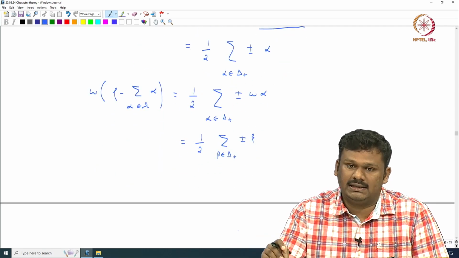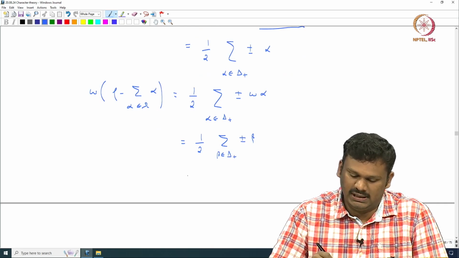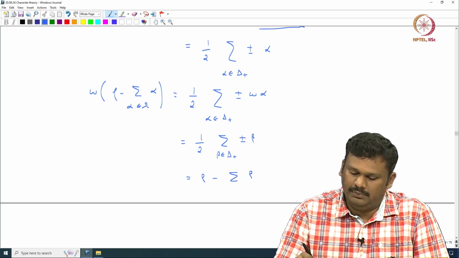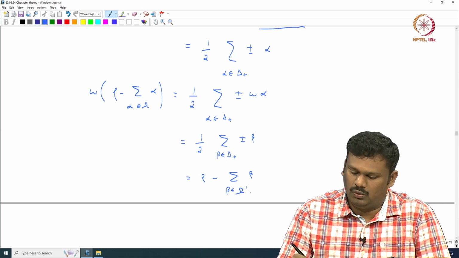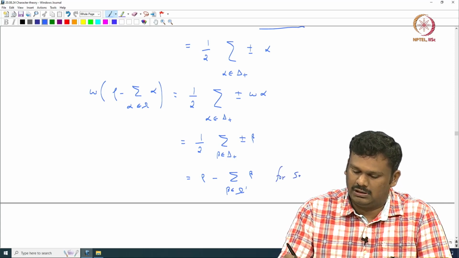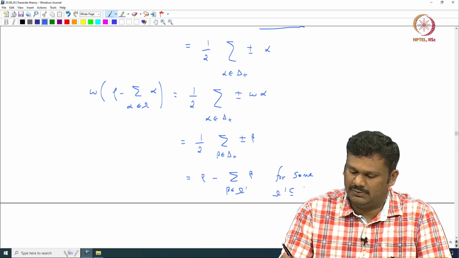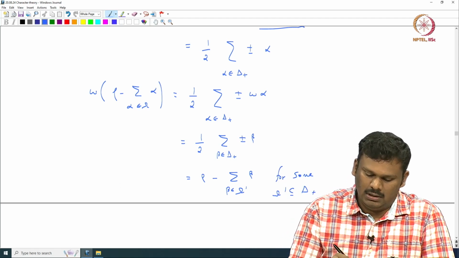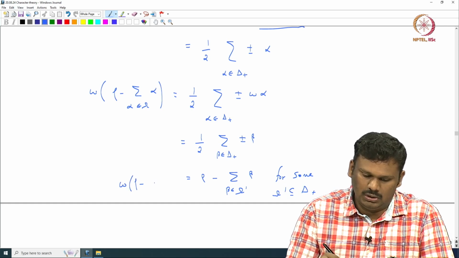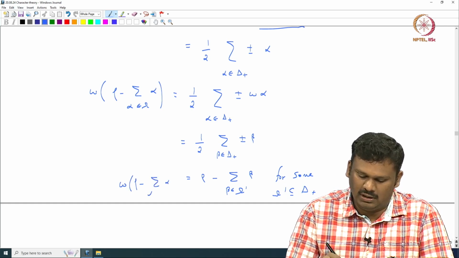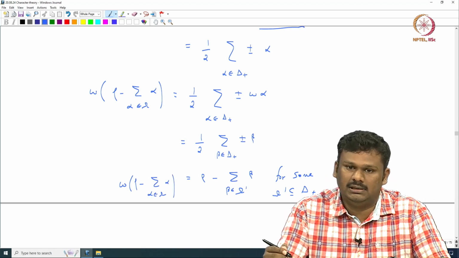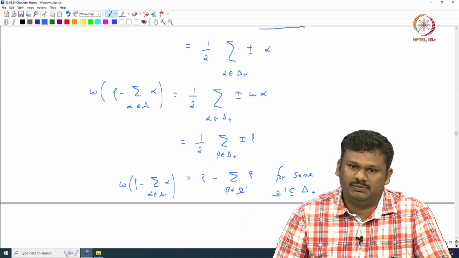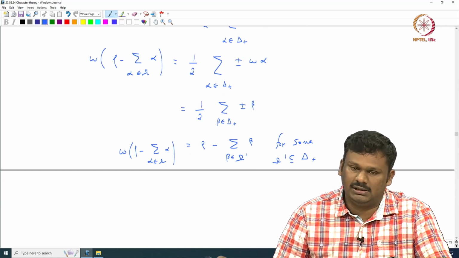Now again add and subtract rho. Then you can see that this can be rewritten as rho minus summation beta, beta in some omega dash, where omega dash is a subset of delta plus. In particular, W of rho minus summation alpha, alpha in omega is of the form rho minus summation beta, beta in some omega dash for some subset omega dash of delta plus.